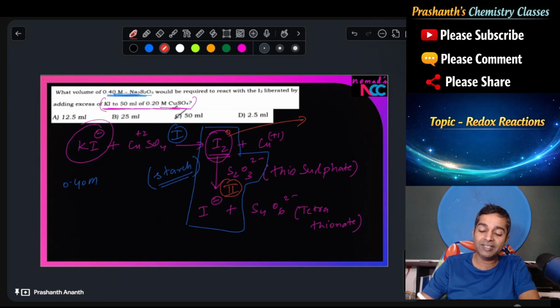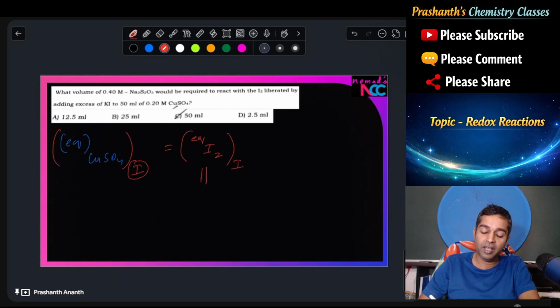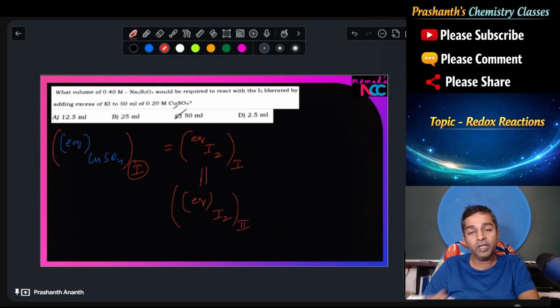So we can say the N factor of I2 in equation 1 is the same as the N factor of I2 in equation number 2, which basically means the equivalents of I2 in equation 1 are the same as the equivalents of I2 in equation 2. Why is this the same? Because the N factor of iodine is the same in both equations.